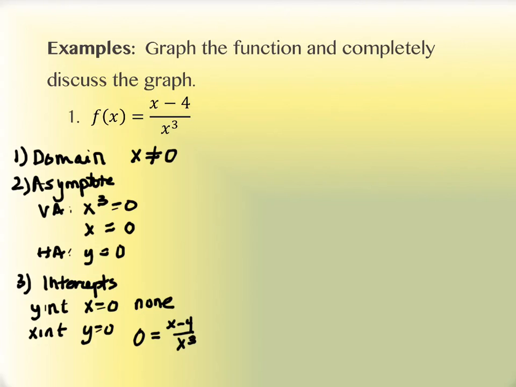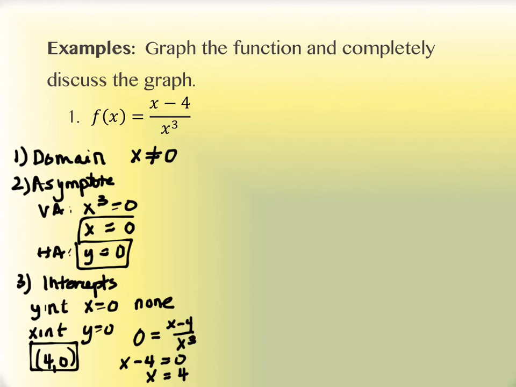Or you could recognize at this point, hey, if the whole thing equals 0, it means the numerator equals 0. Either path you're thinking along, you end up getting that x minus 4 equals 0, so we actually get an x-intercept of 4. So this is at (4, 0). We do have an x-intercept. We do have 2 asymptotes.